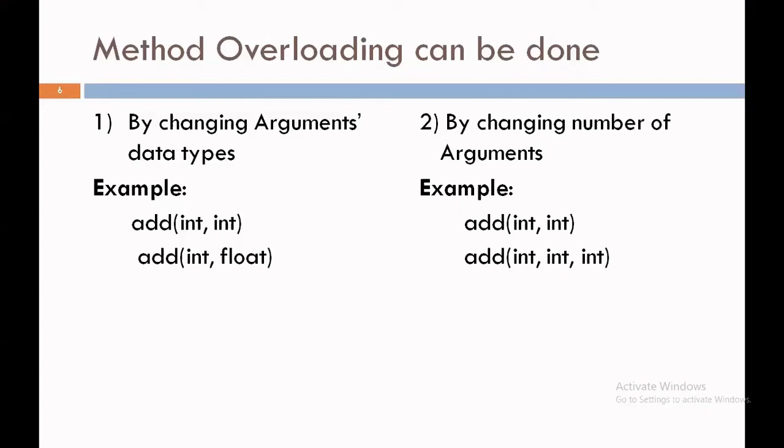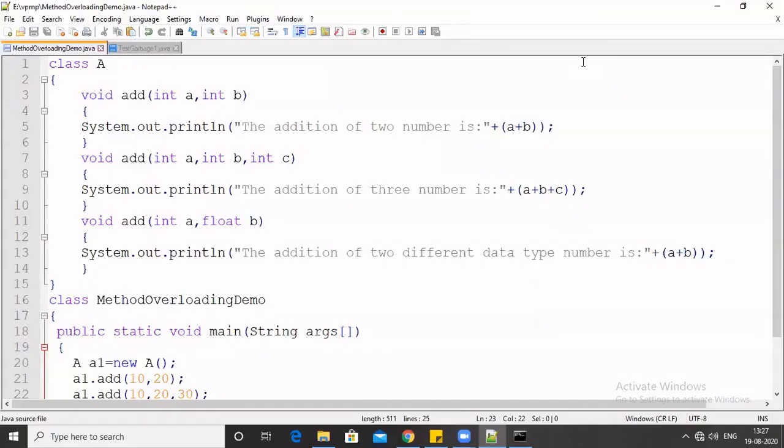Now let's see one example. This is the example of method overloading. In this example, I have one class A, and this class contains three methods. These three methods have the same name, but different parameters. The first method has two parameters, which are both integer type.